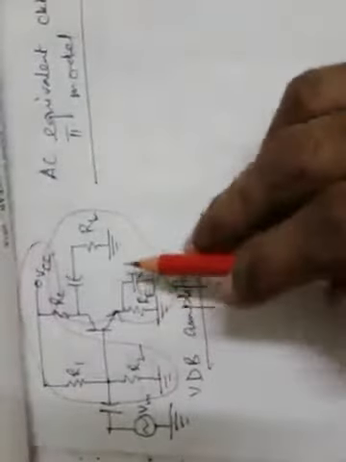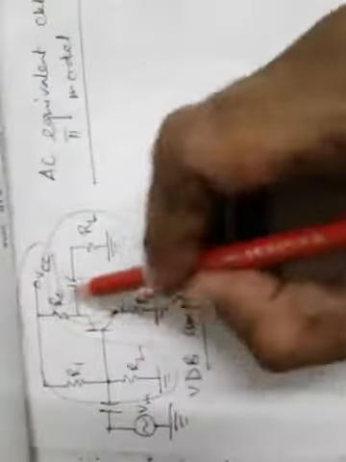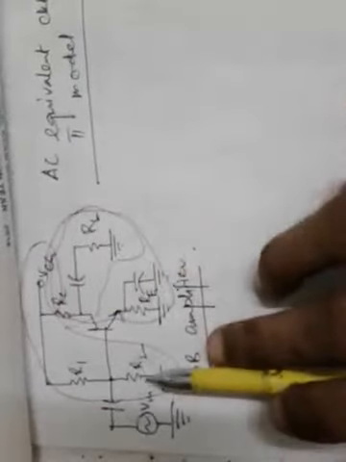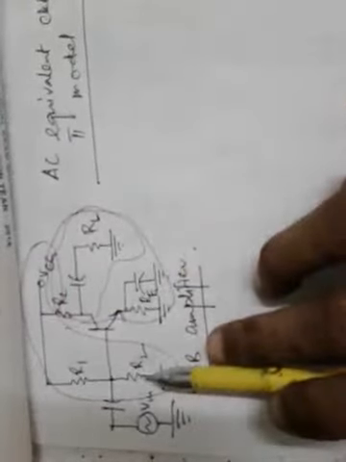But RE is common to both input and output. So for the time being we are considering this as the input side and RC, RL as the output side, excluding this RE.